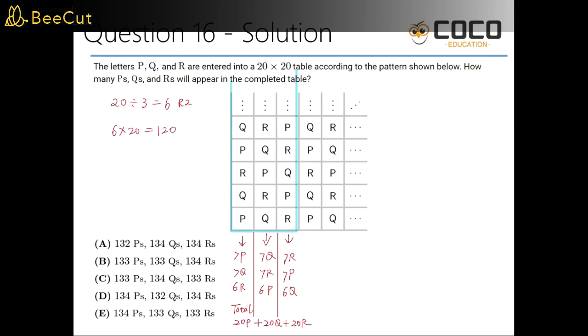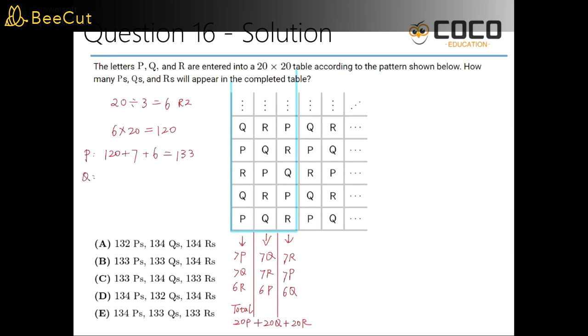Remainder 2 means we have another 2 columns. So that will be the first one and the second one as the remainder. So we add in the extra P and Q. Okay. So in first and second column, there's 7P and 6P. So plus 7 and 6. Altogether, we have 133.